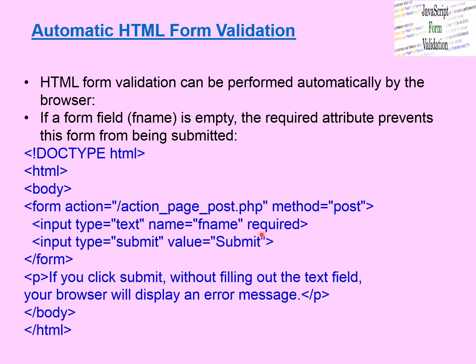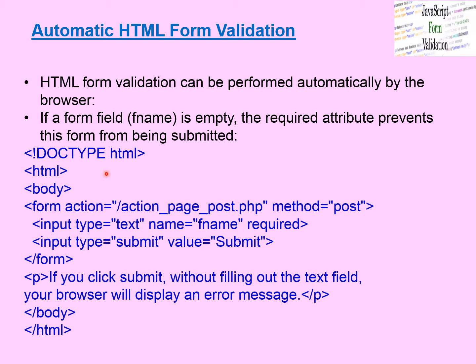Otherwise, it will generate an error message. So if the required attribute is specified in the input tag, such types of elements must have a value during submission. Otherwise, it will generate an error message.